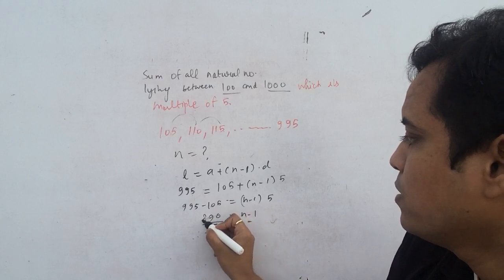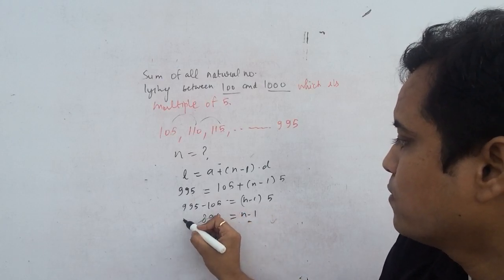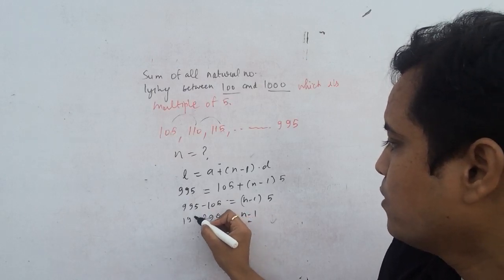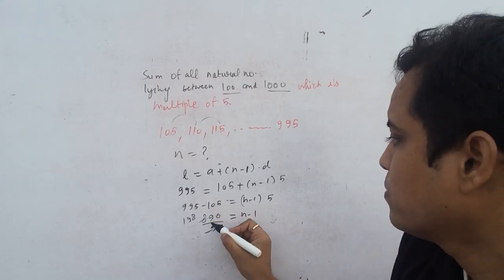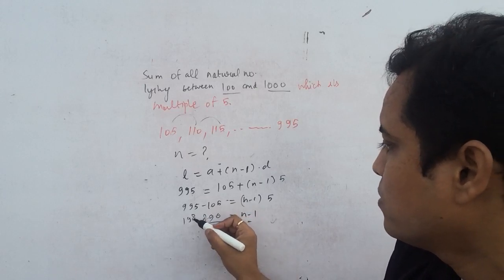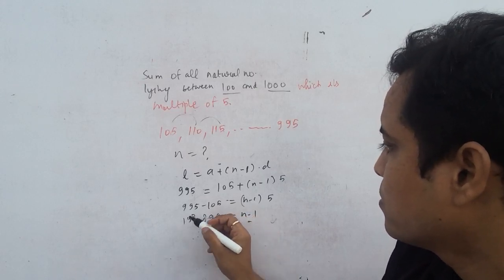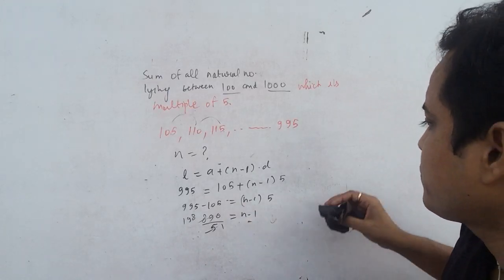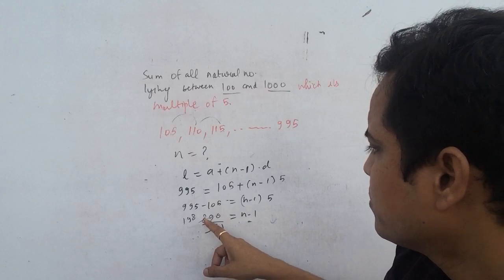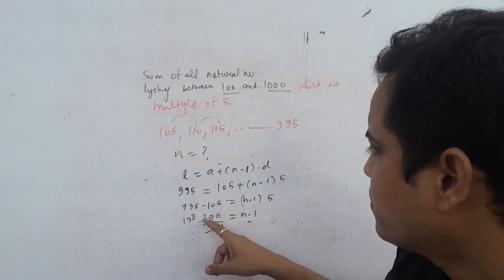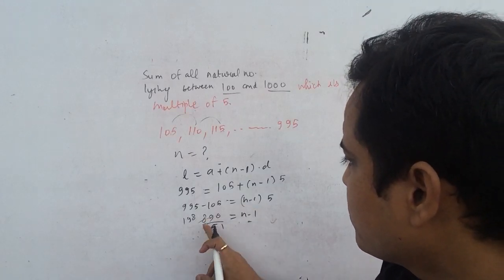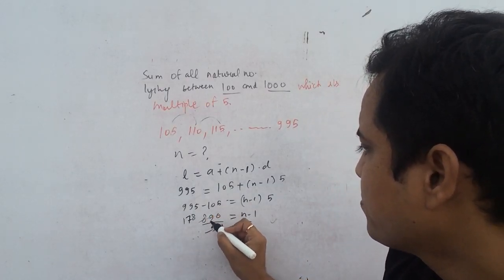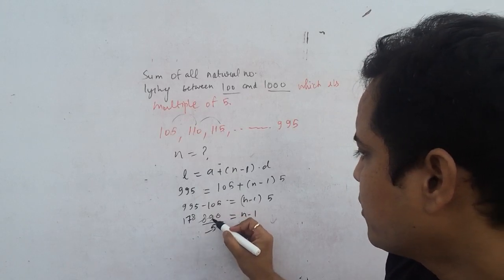So what would it be? 5 ones are 5, 5 eights are 40, 5 sevens are 35.